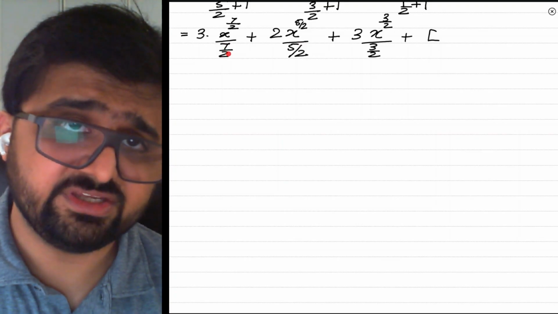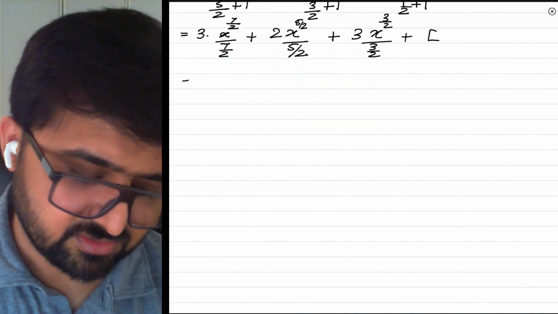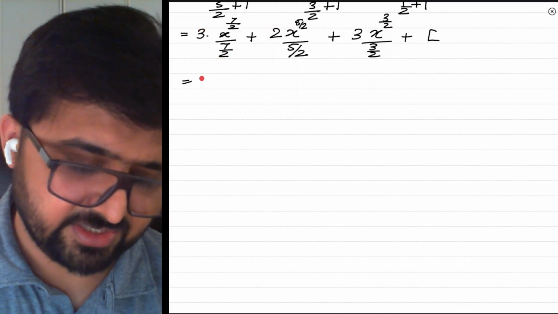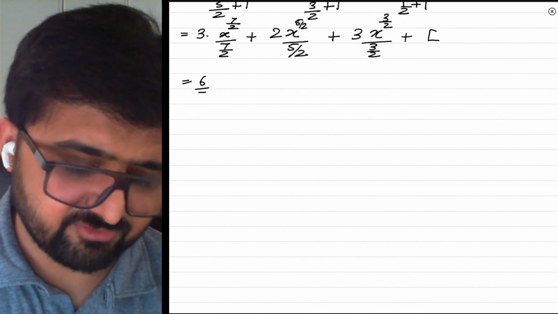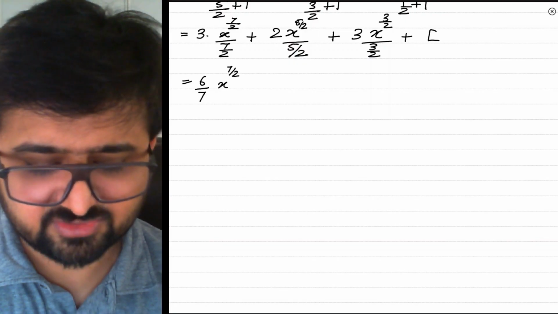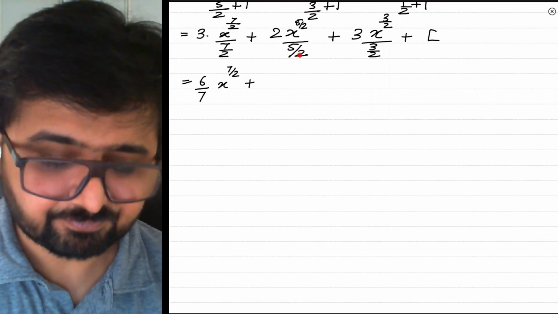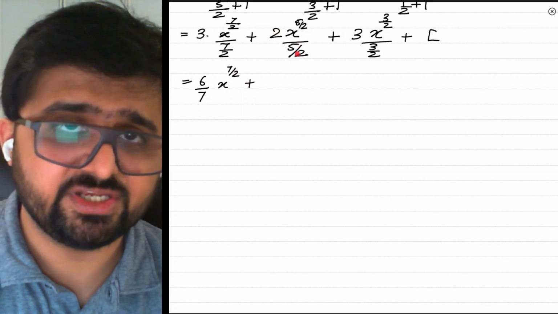Now that 2 is in the denominator's denominator, that will go in the numerator. That 2 will go in the numerator and become 6 along with this 3. 3 times 2 divided by 7, you have already, x to the power 7 by 2, plus that 2 again can go in the numerator because it's the denominator's denominator.